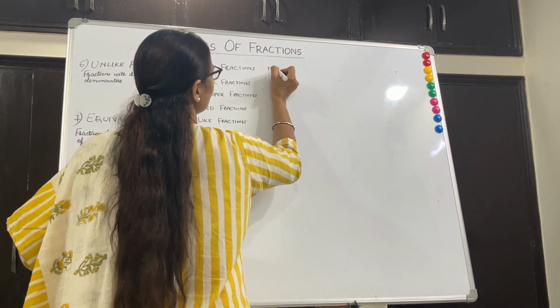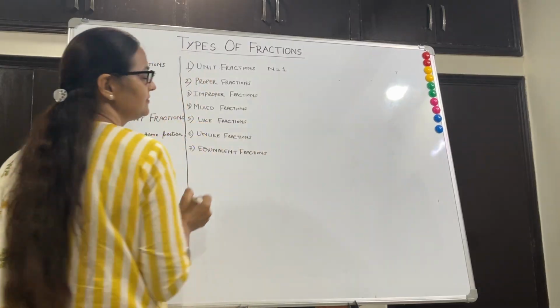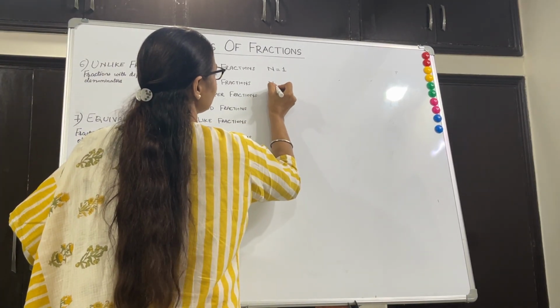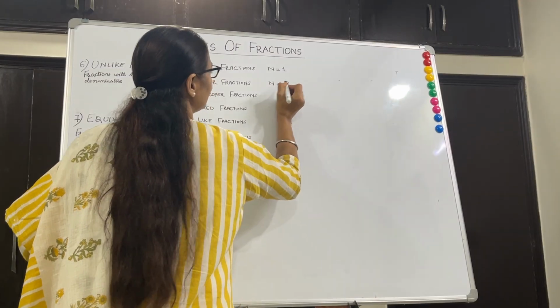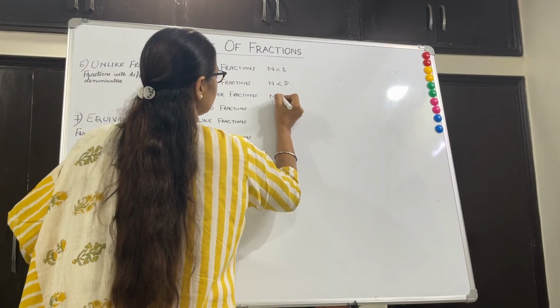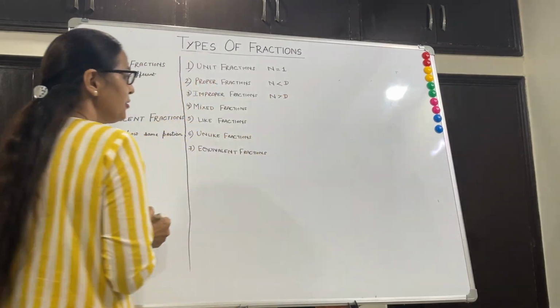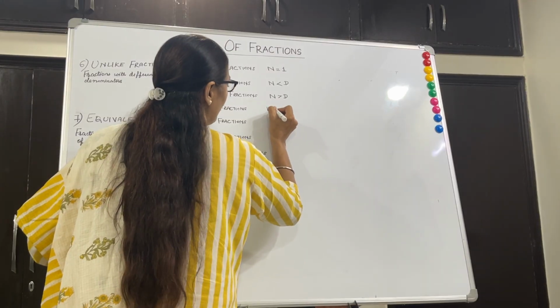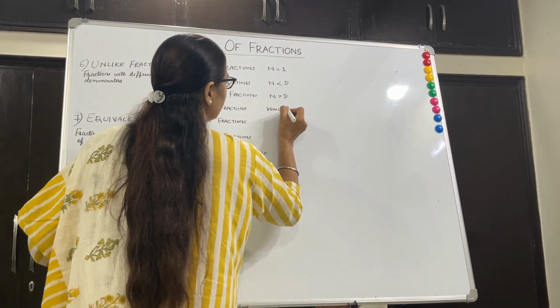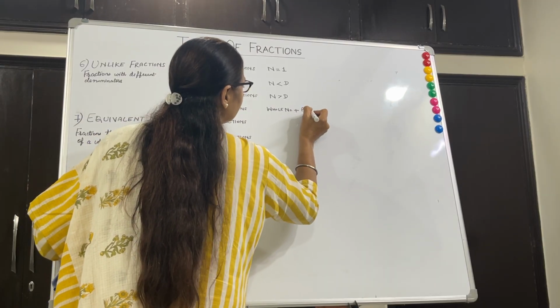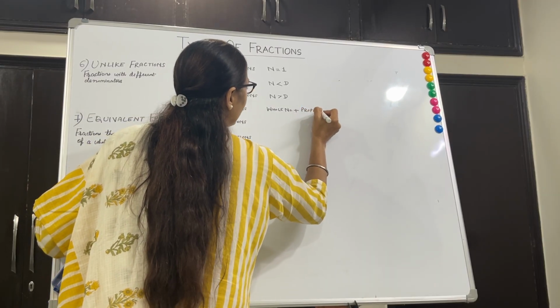Now, what are unit fractions? In which numerator is 1. Proper fractions, numerator is less than denominator. Improper fractions, numerator is greater than denominator. Mixed fractions, combination of a whole number and a proper fraction.